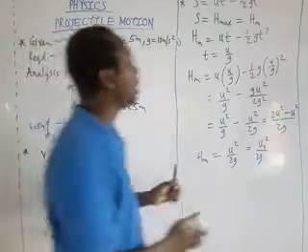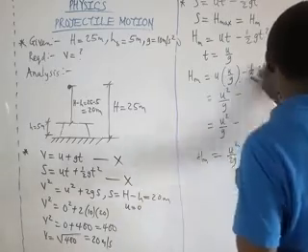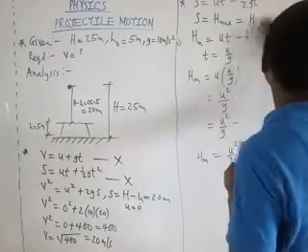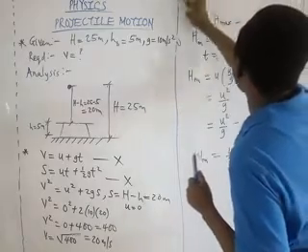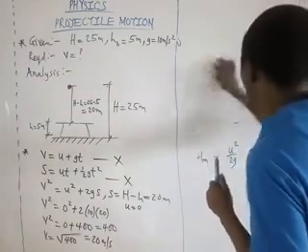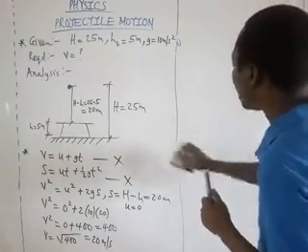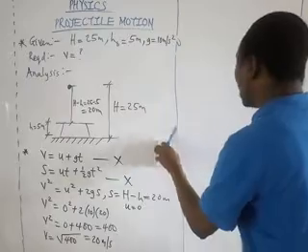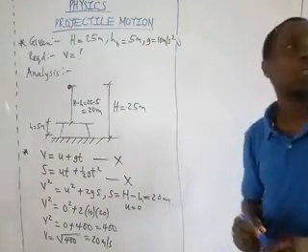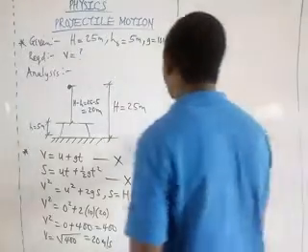A body is released from the top of a tree of height 45 meters. The question is now how long. Whenever you hear a question that says how long, we are looking for time. If you hear a question saying how far, we are looking for distance. But if your question says how fast, we are looking for speed. So take note of that.